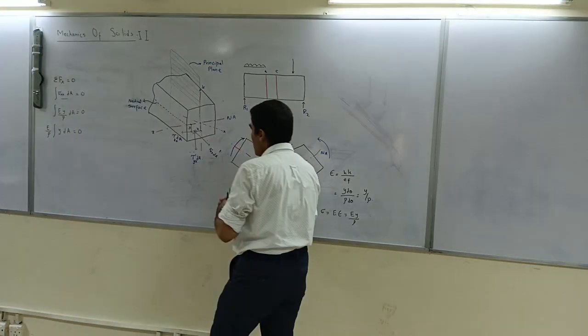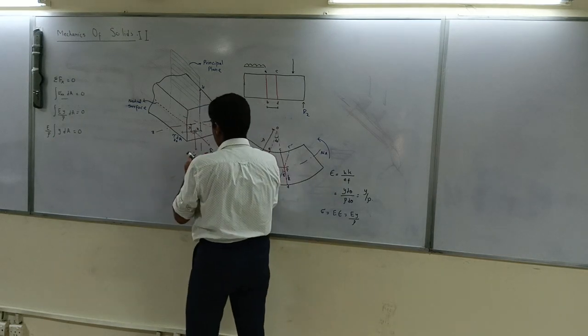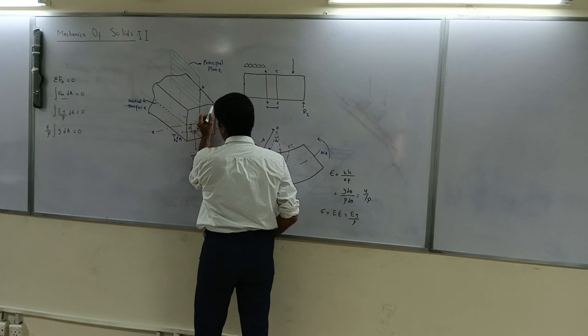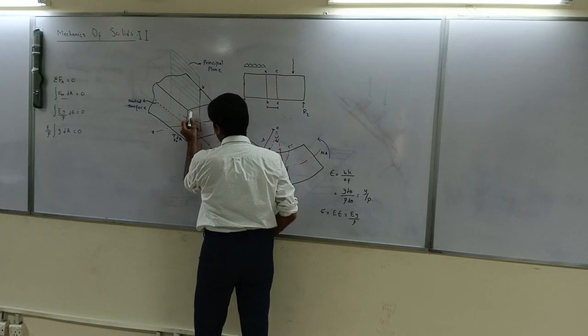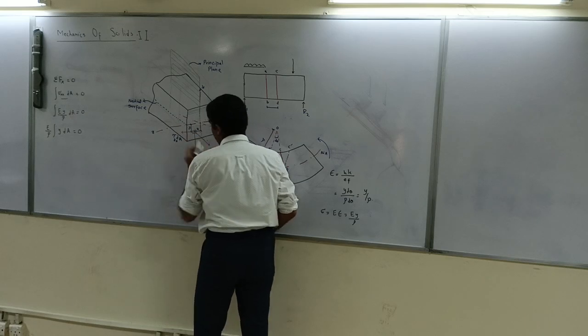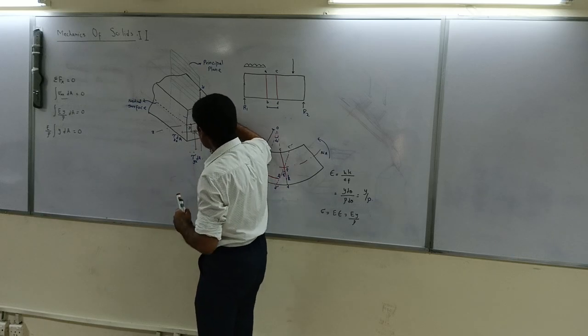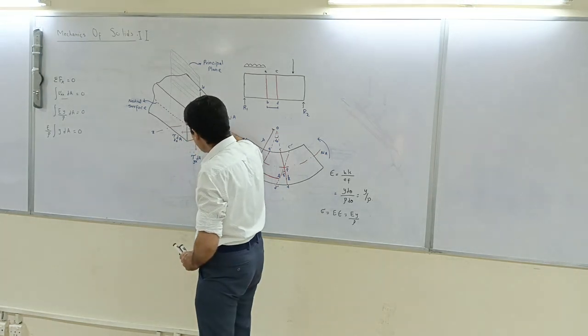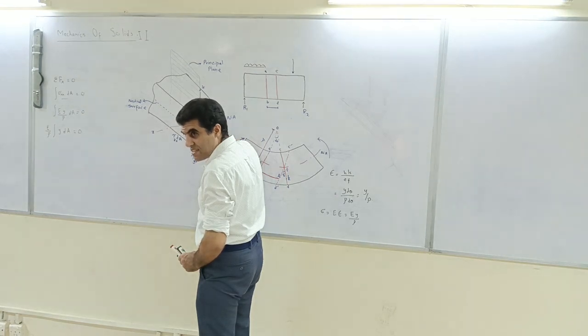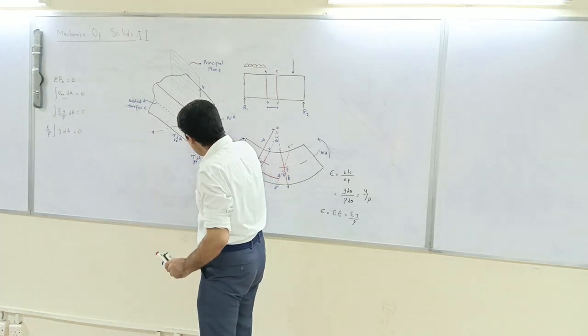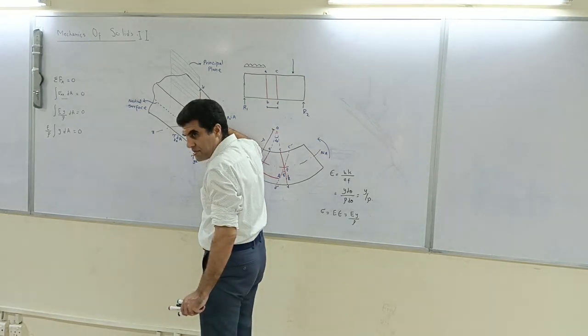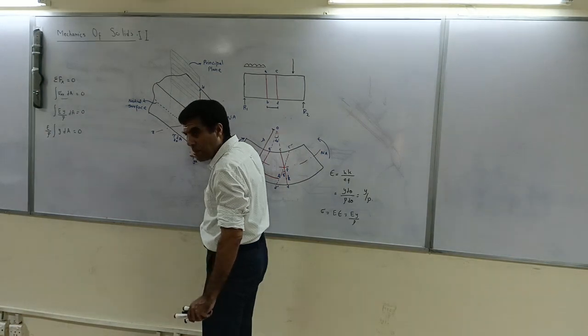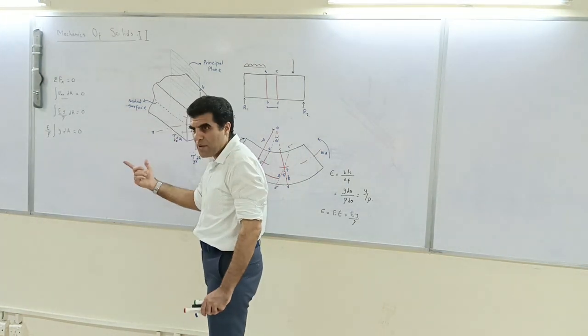In other words, imagine I divide this area into infinite slices. Some slices are at the top, some slices are at the bottom. Imagine the first slice is dA1, and it is at a distance y1. The second slice is dA2, and it is at a distance y2, and so on and so forth. If we have a dA1 at the top, we have a corresponding dA1 at the bottom, but the lever arm is minus y1.